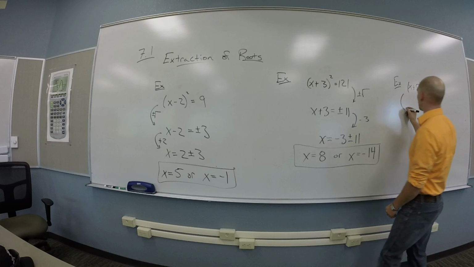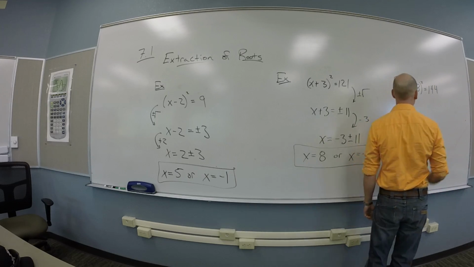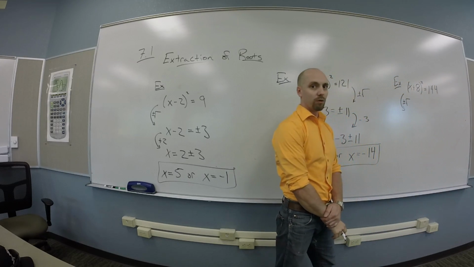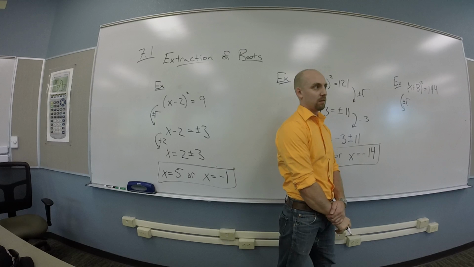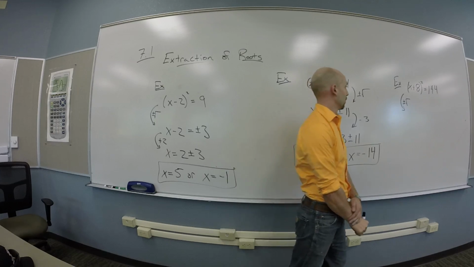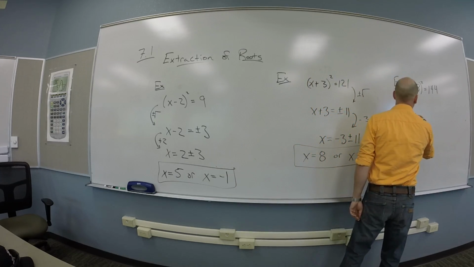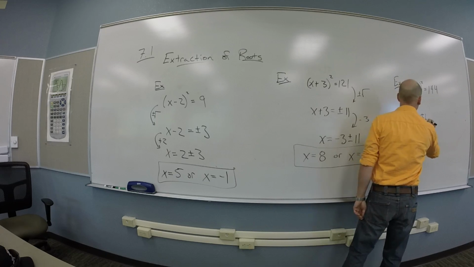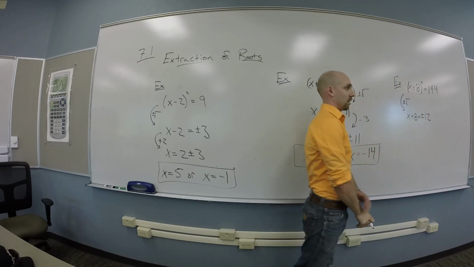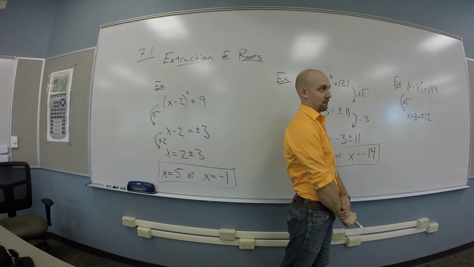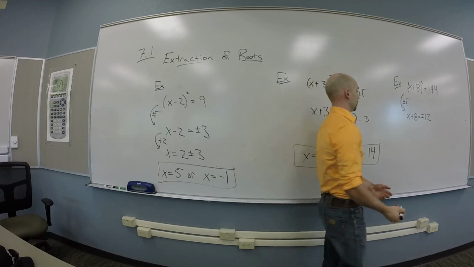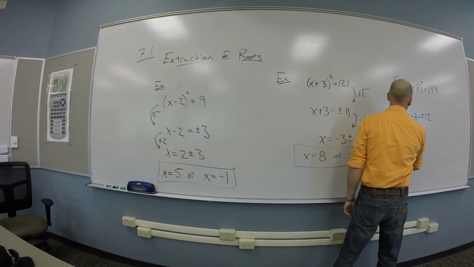Okay, so we plus minus square root both sides, right? So what do I get? Yeah. x plus 8 is plus minus 12. Then what? Subtract 8 from both sides.